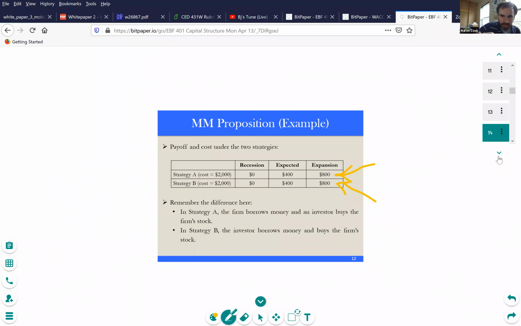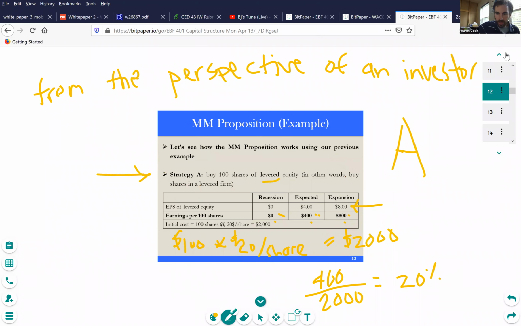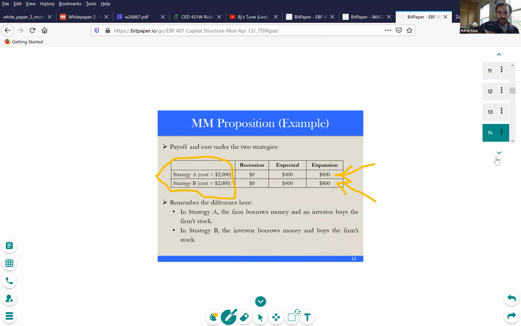And then the costs, we took account of those costs. We had $2,000 of the investor's own money at stake in strategy B. We also had $2,000 of his own money in strategy A. And so these two different kinds of investments entailed exactly the same costs as well.